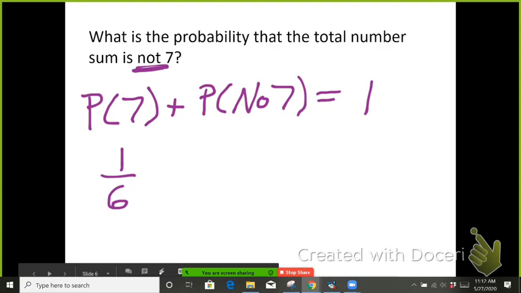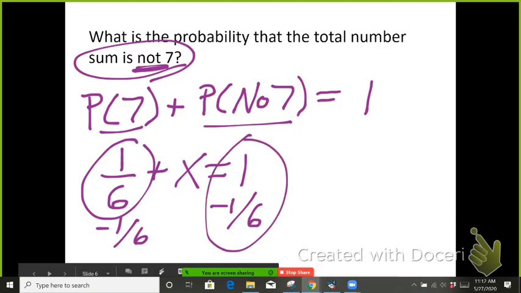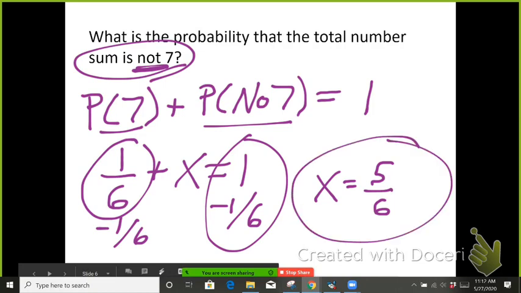If you roll 2 die, there is 100% chance the 2 numbers on the die either add up to 7 or they don't. So what we're going to use is what's called the complement principle. To find the probability of what we're looking for, take the opposite of what we're looking for and subtract it from 1, or 100%. So if the probability of rolling a 7 is 1/6, the probability of not rolling a 7 is 5/6.